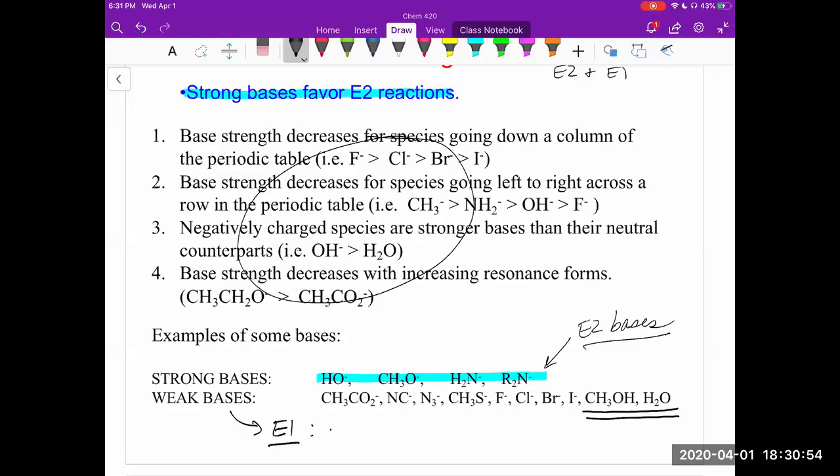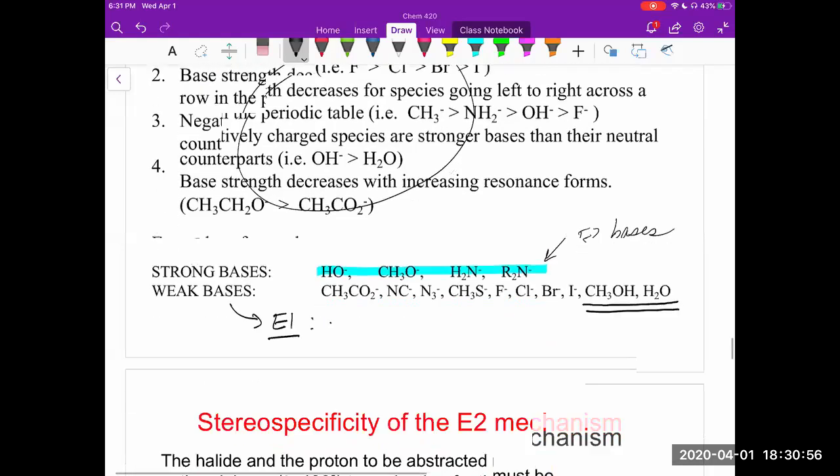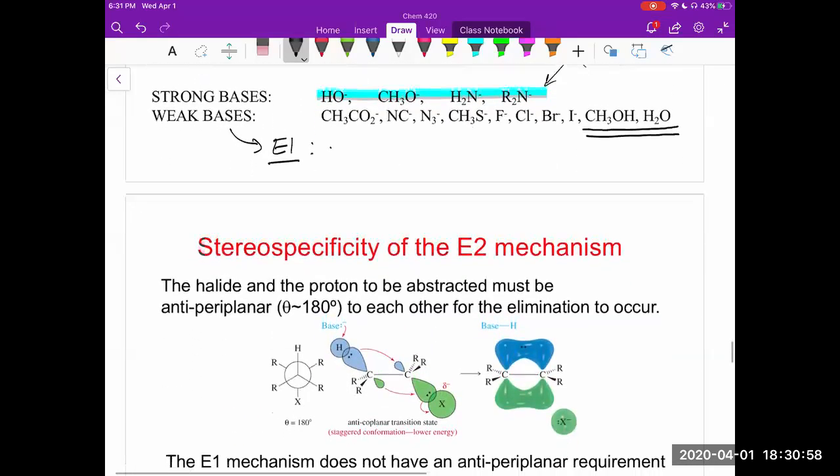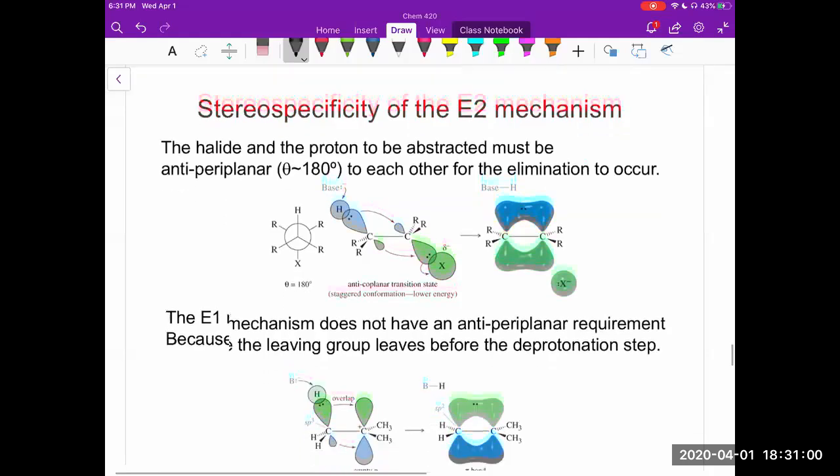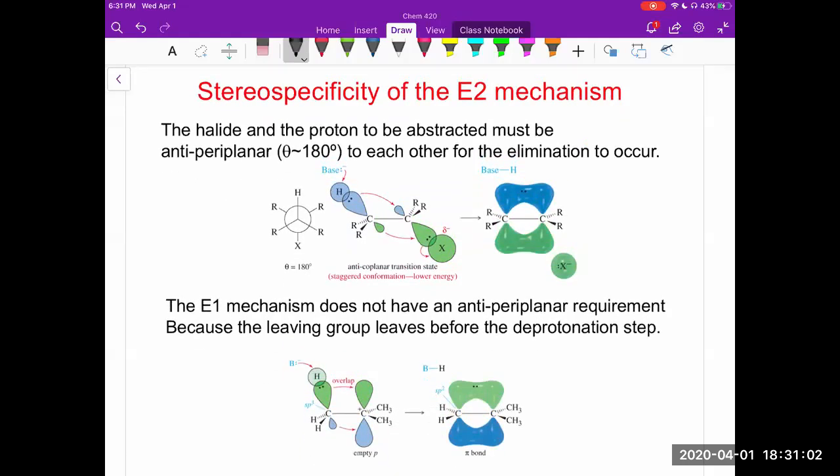All right, let's take a look at the mechanism. For the E2 mechanism, we talked about how the halogen and the proton, the hydrogen, have to be 180 degrees apart.